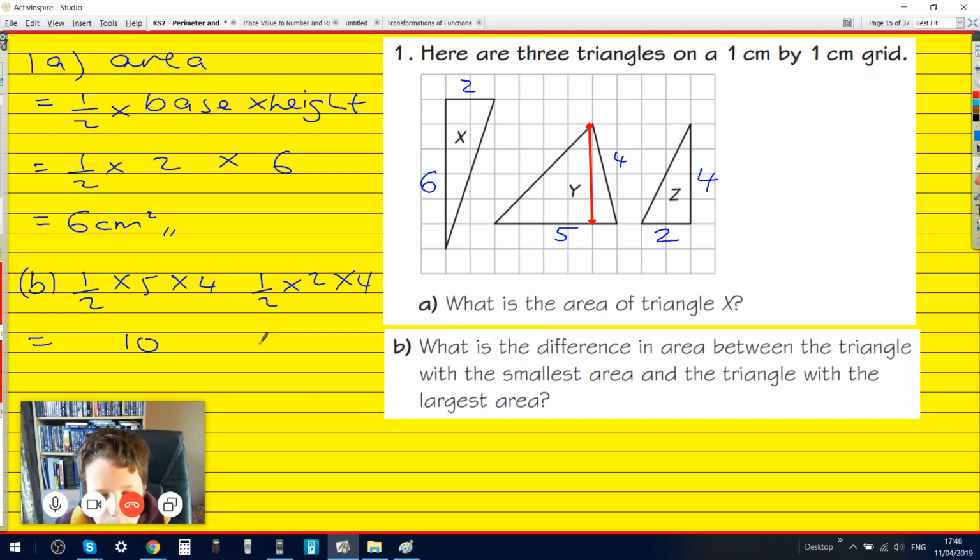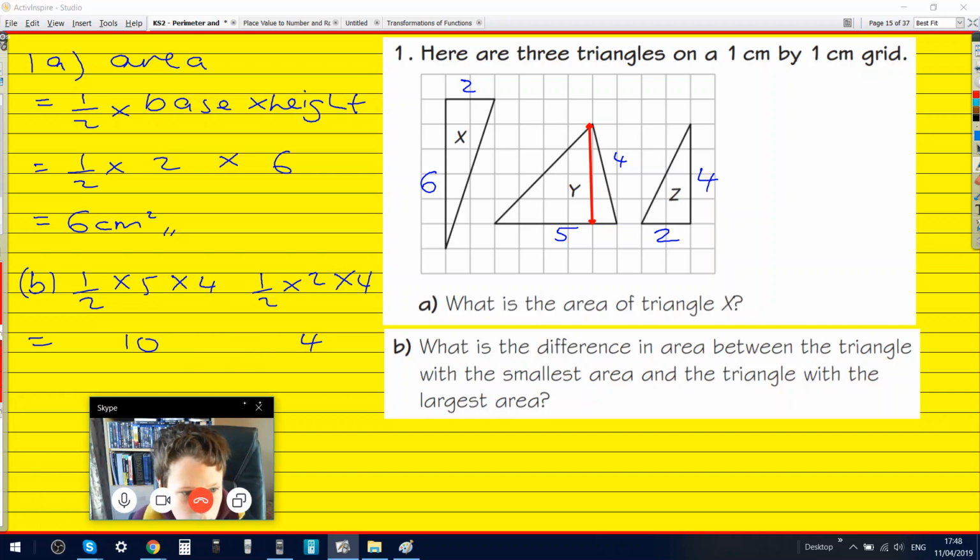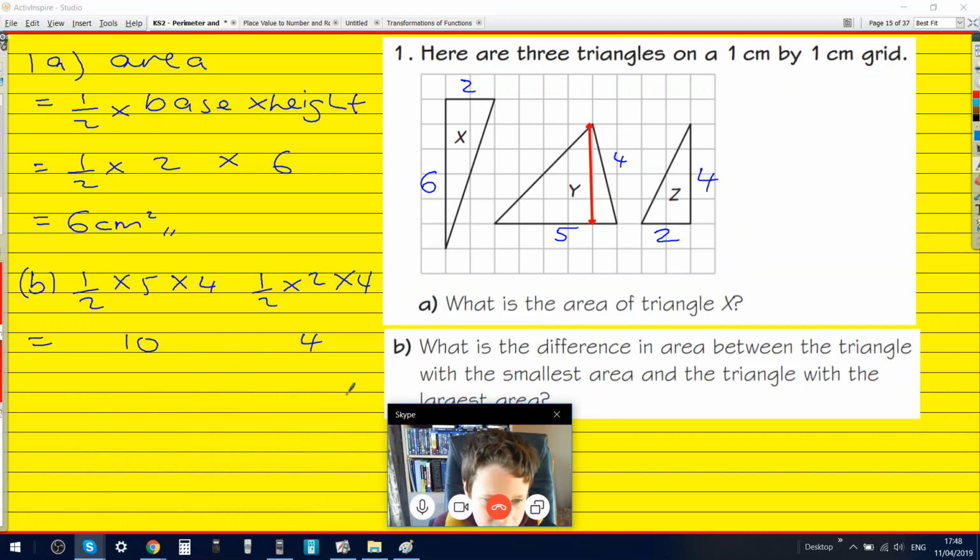So the two biggest triangles are triangle X and triangle Y, Y being the biggest, and X being the second smallest. And the difference between 10 and 6 is 4.